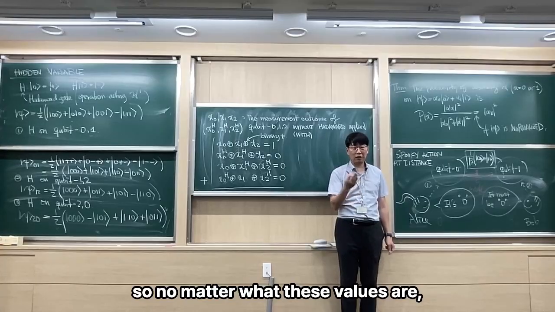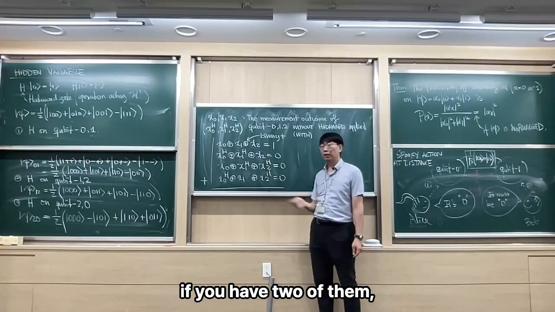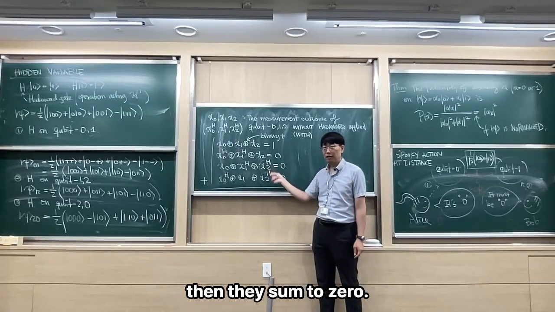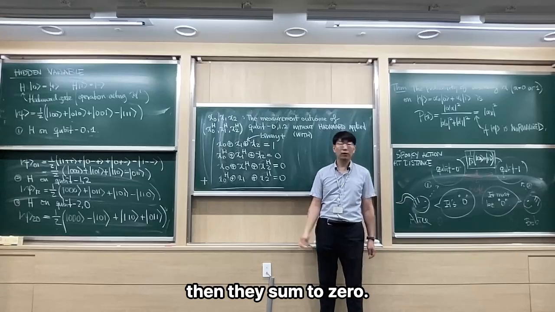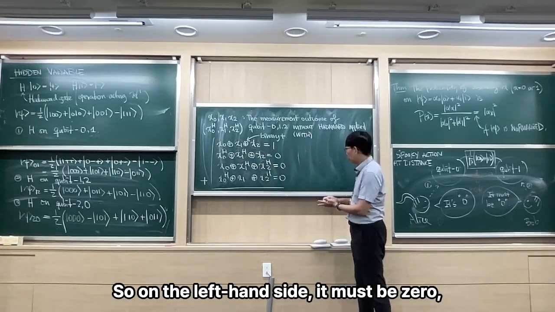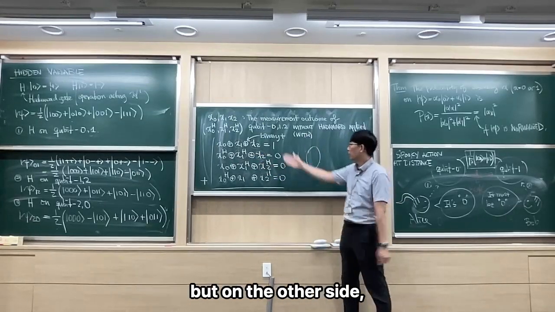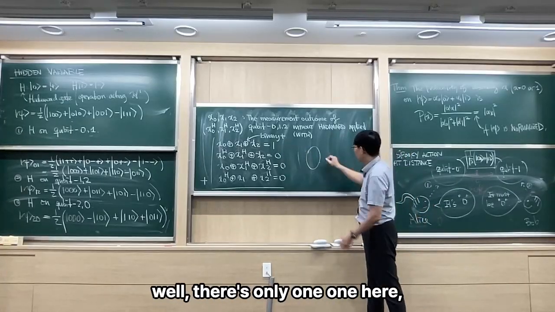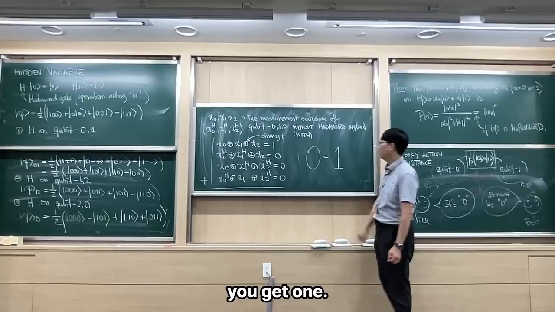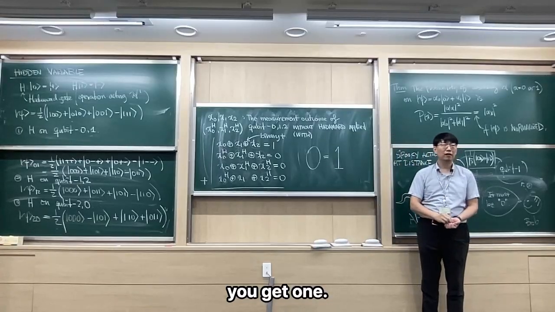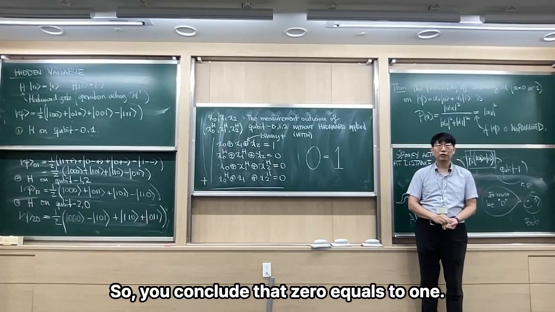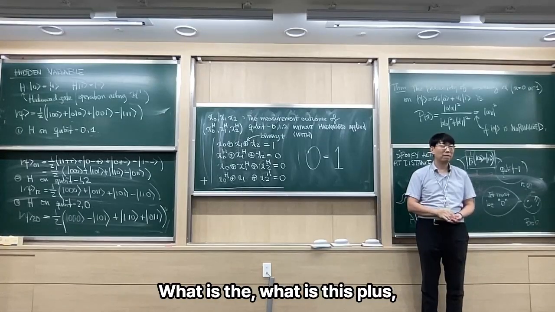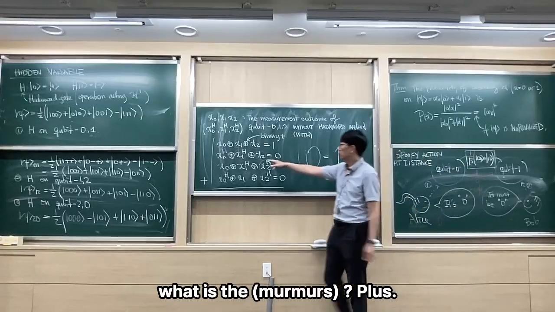So no matter what these values are, if you have 2 of them, whether it's 0 or not, they sum to 0. So on the left-hand side, it must be 0. But on the other side, if you add 0 and 1, there's only one 1 here, so you get 1. So you conclude that 0 equals 1. What is the definition of plus?